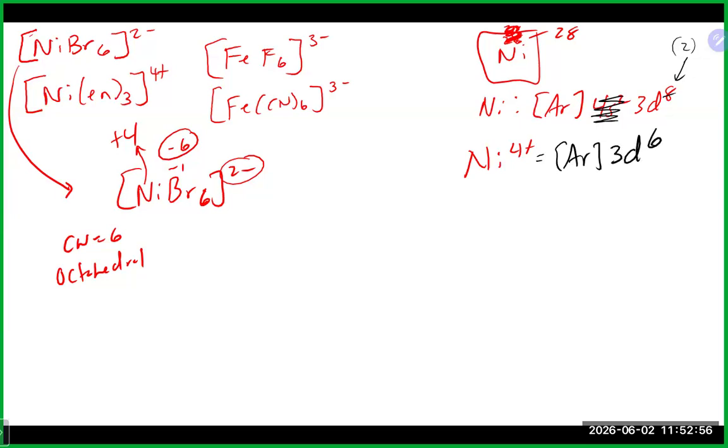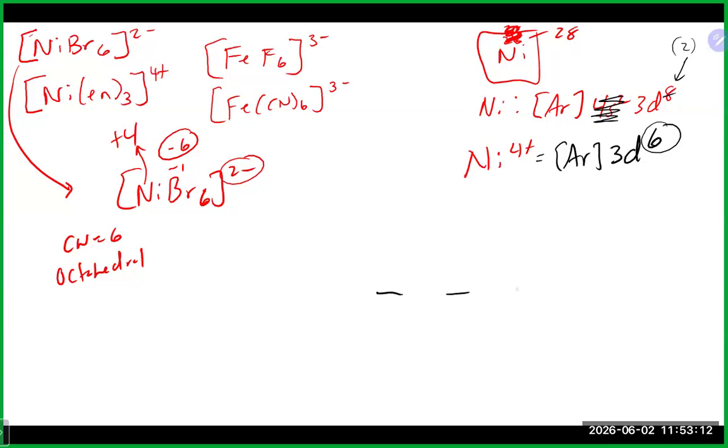and we will be ending up with argon 3d6 in this case. And again, as I mentioned earlier, this is the importance of understanding electron configuration for these guys, because basically here we now have 6 electrons to distribute in that crystal field splitting.